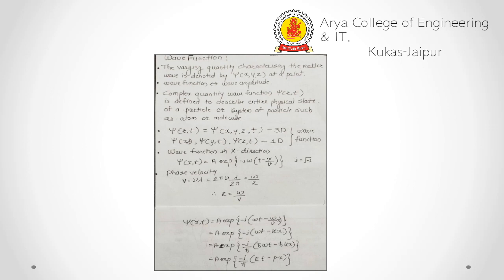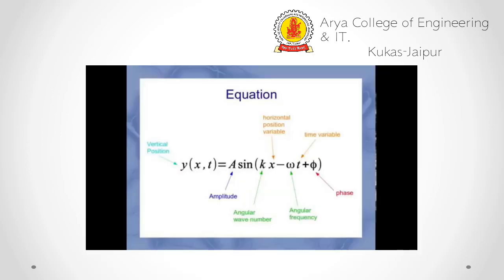Now again let's discuss how we are able to define this wave function. We have to move to classical mechanics. In classical mechanics we have discussed the displacement equation y(x,t) is equal to A sin(kx minus omega t plus phi).